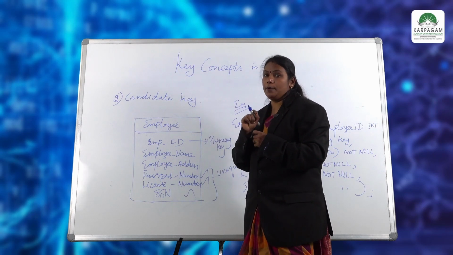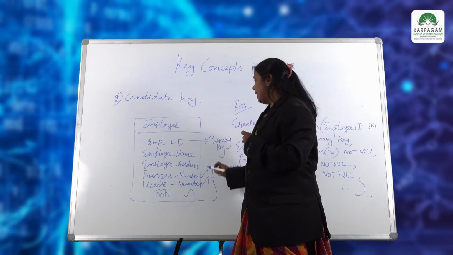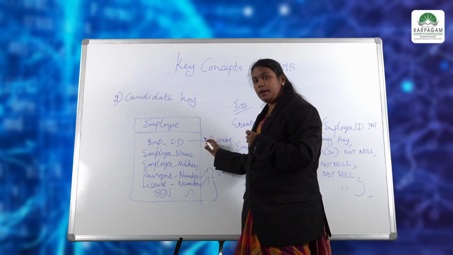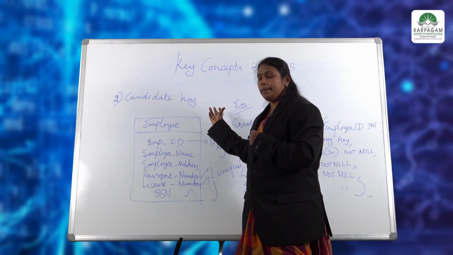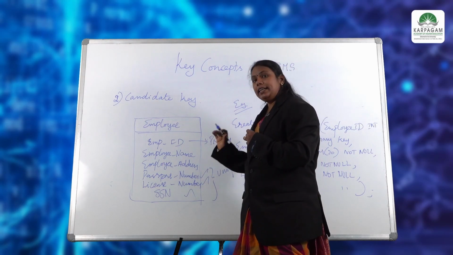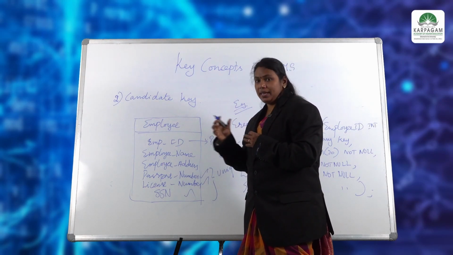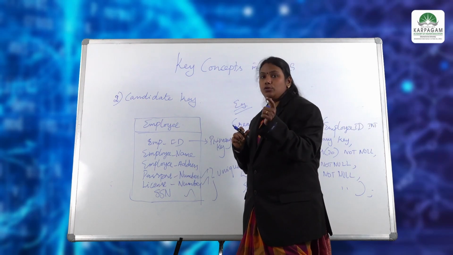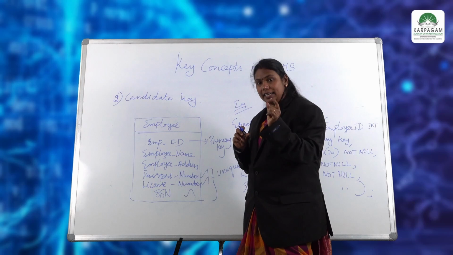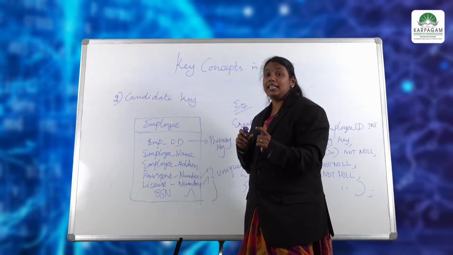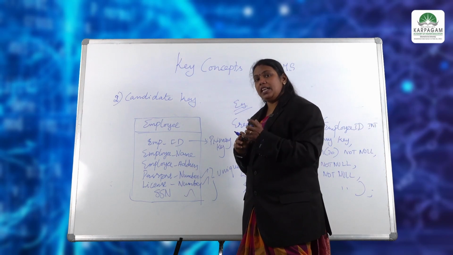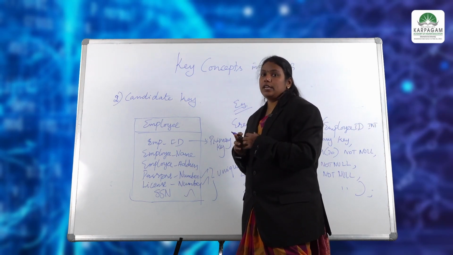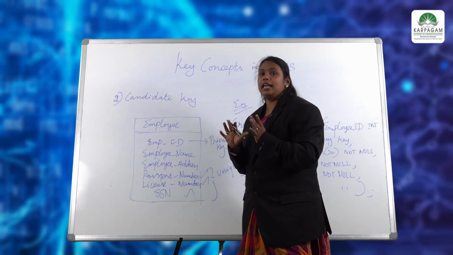So the candidate key supports the primary key, which is a very important concept. The primary key is linked to all tables, and the candidate key references the primary key. The tuple means rows, so each and every row and its attributes will appear in the candidate key. In a table, we may not declare the candidate key, but we can give a primary key.